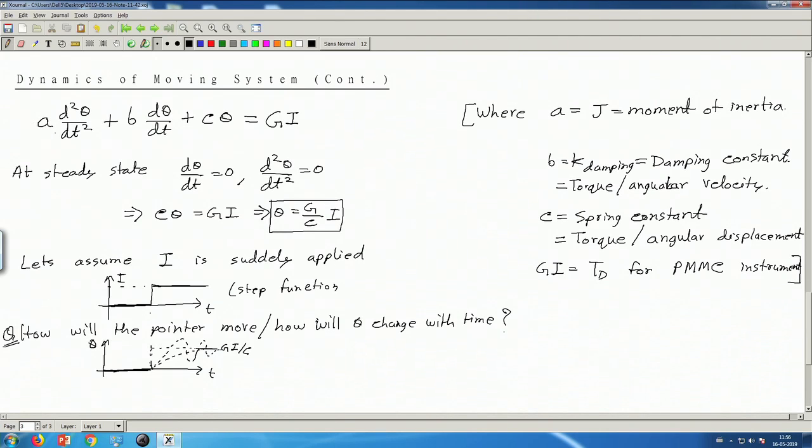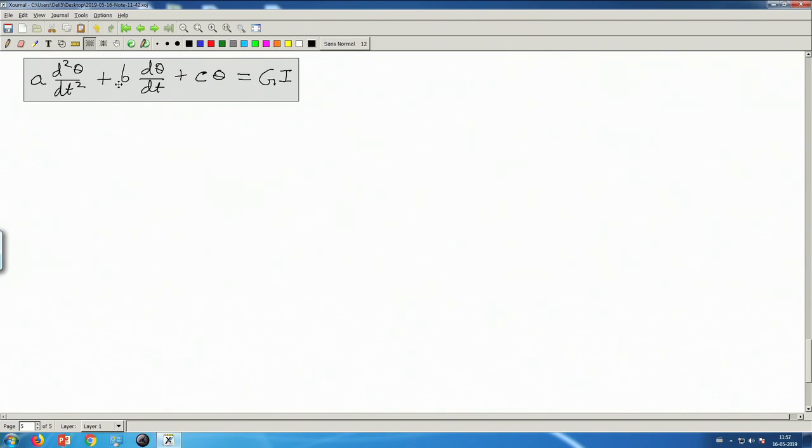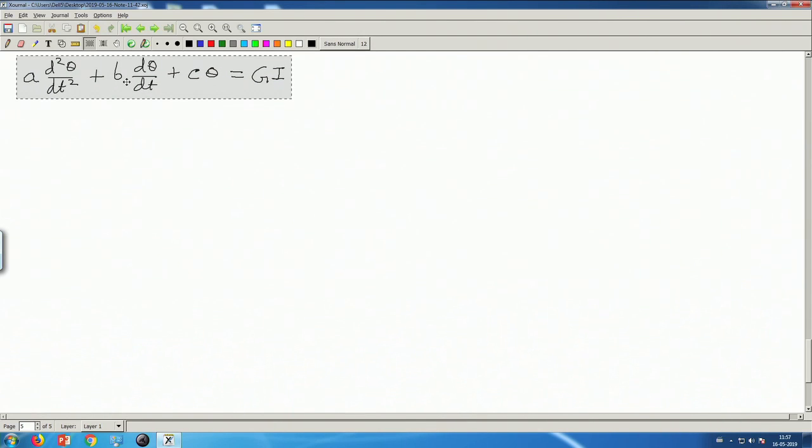For that we have to solve this differential equation, and you can solve it in many ways. I will adopt a simple way here. For simplicity of solution, I will first call θf the final value of θ. The final value is given by the condition when these two terms are 0, so Cθf will be equal to GI.